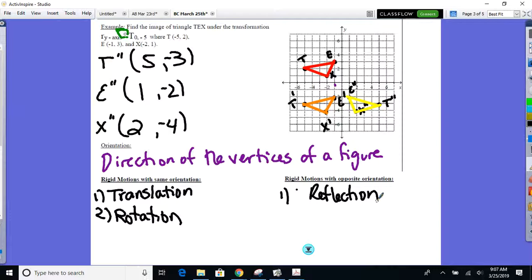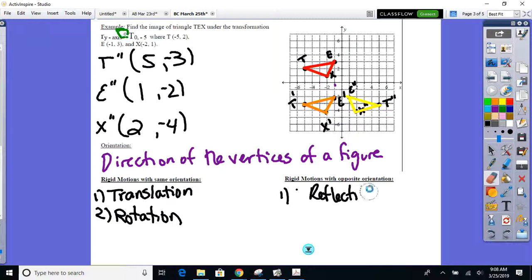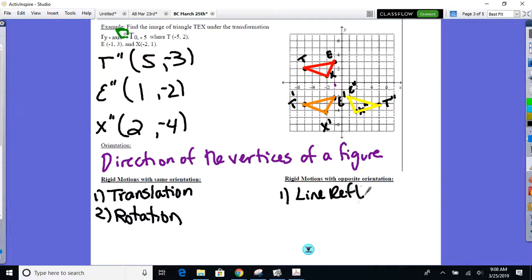Okay, here's the thing though, because we have some blanks. Not good enough. You don't understand why yet, but just a reflection is not good enough. What are the only things I've asked you to reflect over? X and Y axes, right? Y equals X, they're all what? Lines. So I need you to adjust this for me. Line reflections will produce an opposite orientation.